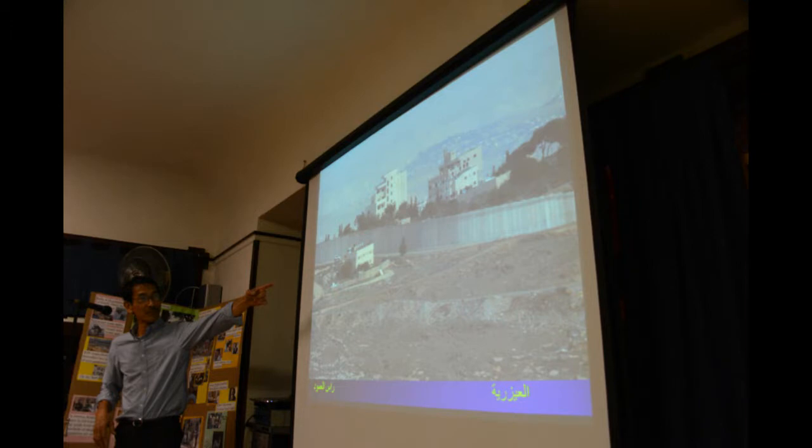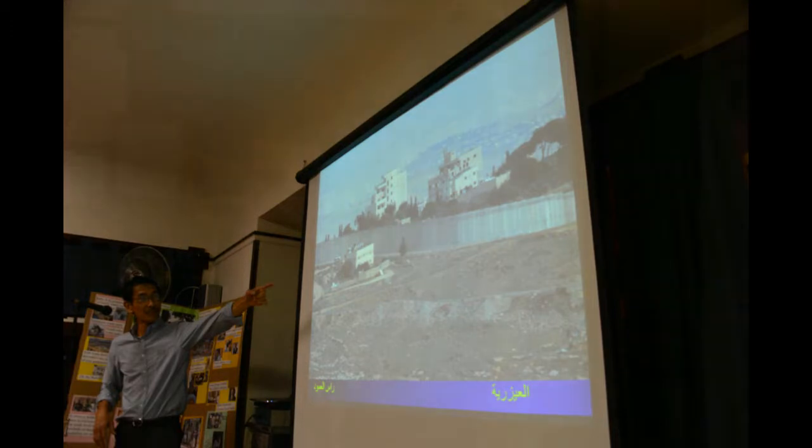Now, you're very familiar. I think most of you are aware of the wall, the separation wall. Israel calls this a fence, but it is correct that it is a separation barrier, and it is not always a barrier between Israelis and Palestinians.